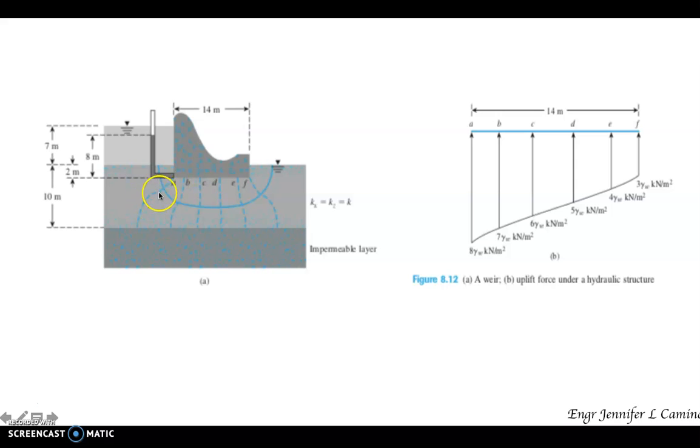You count 1, 2, 3, 4, 5, 6, 7. So there are 7 equipotential drops. In the horizontal direction, you count off the number of spaces so that you could have the value for the equipotential drop. For this example, you have 1, 2, 3, 4, 5, 6, 7.